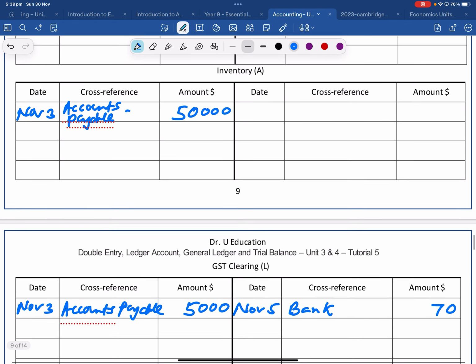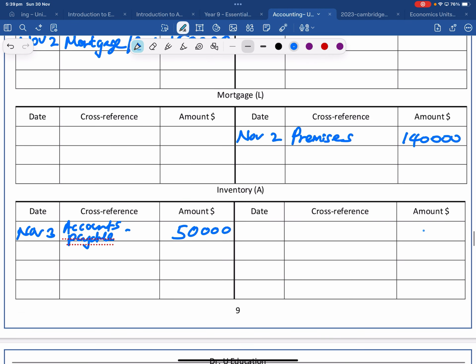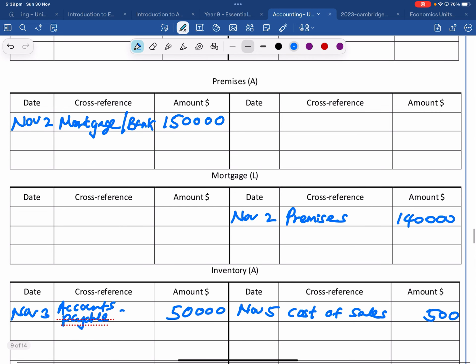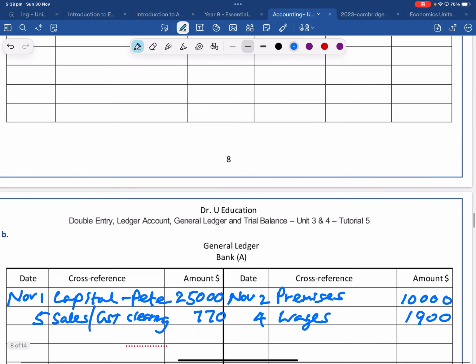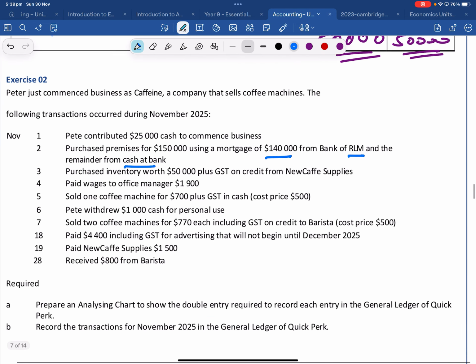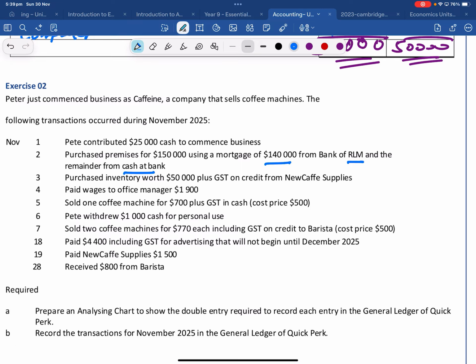Then inventory is credited 500, saying cost of sales. Right. Then next one.